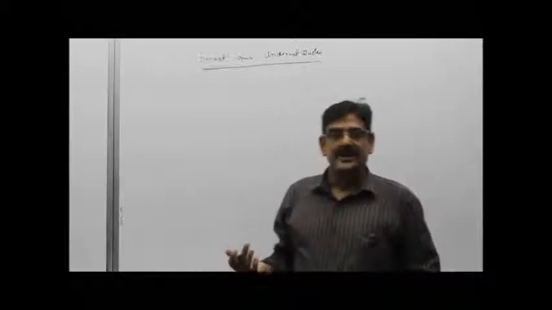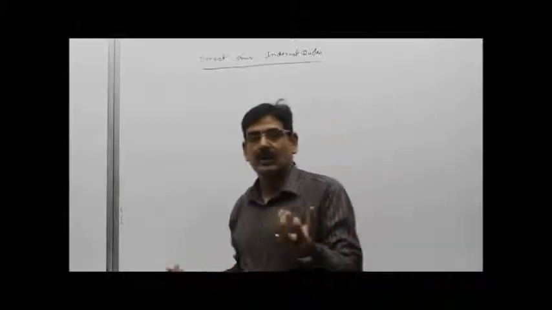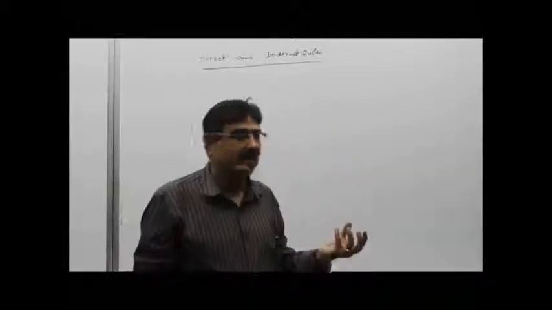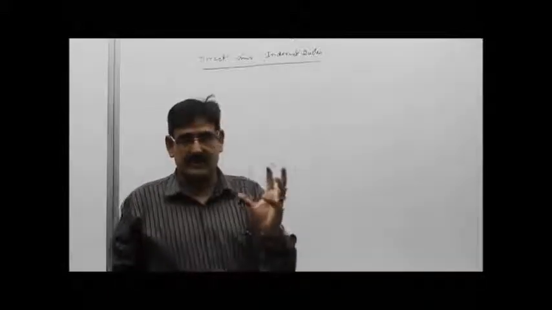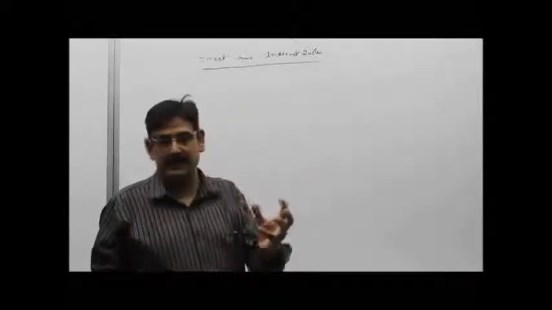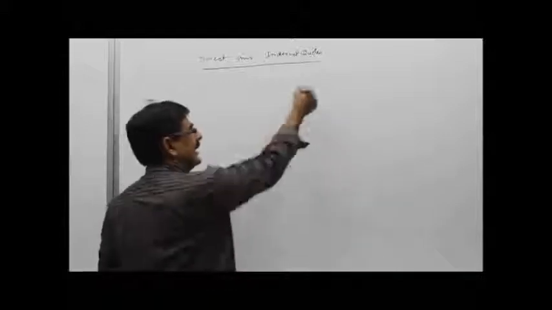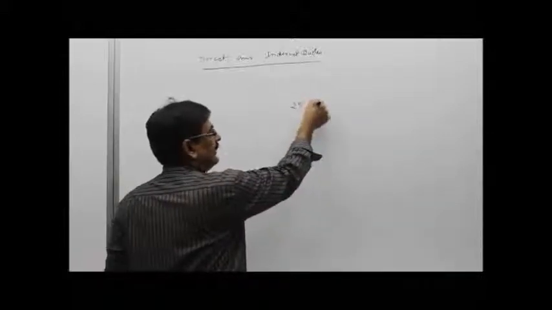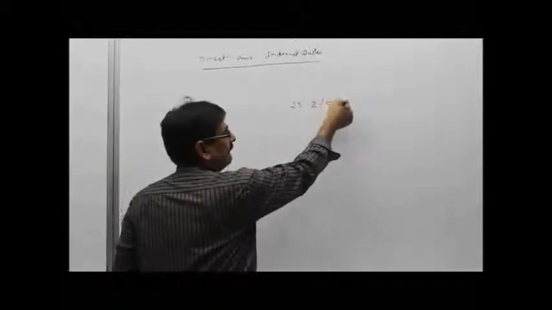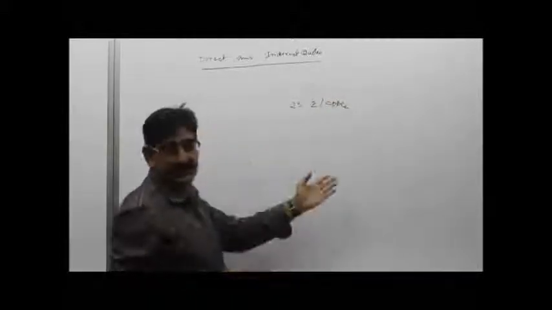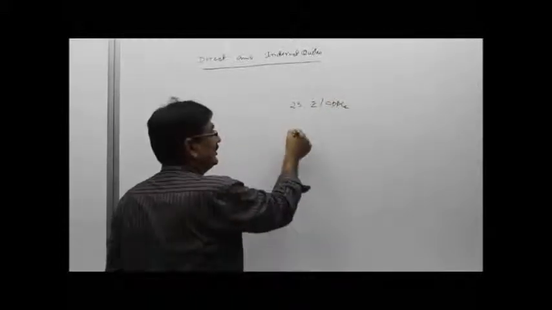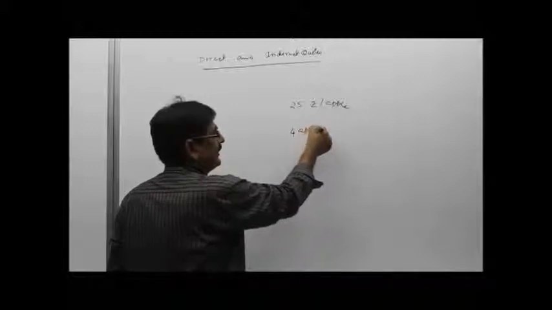Direct quote. If I say that you want to purchase an apple, the rate for purchasing the apple can be stated in two ways. I can say 25 rupees per apple. This is one way of saying, or we can say 4 apples in 100 rupees.